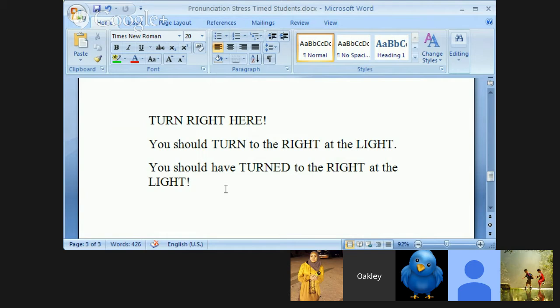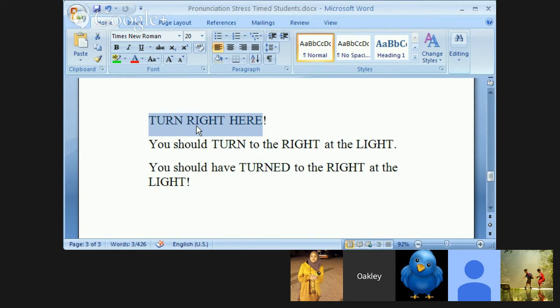Let's try it out, and I want everyone to try this out. Salwa, go ahead. First sentence. Turn right here. You should turn to the right at the light. Okay. Now, Salwa, when you have 3 content words in a row, you're going to slow down your speech, your pacing.